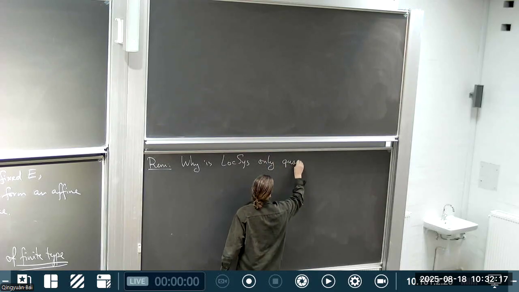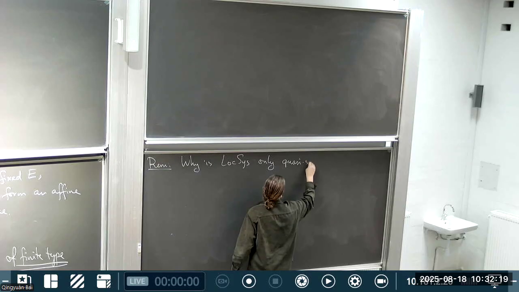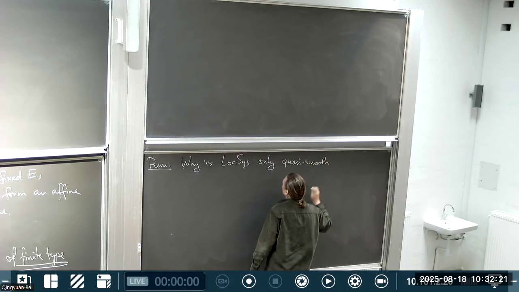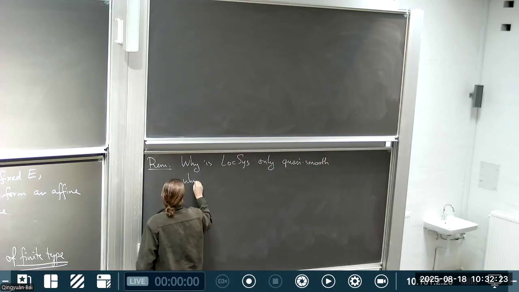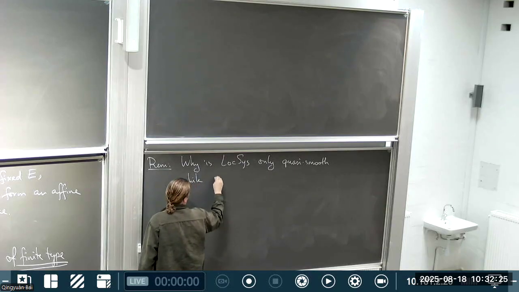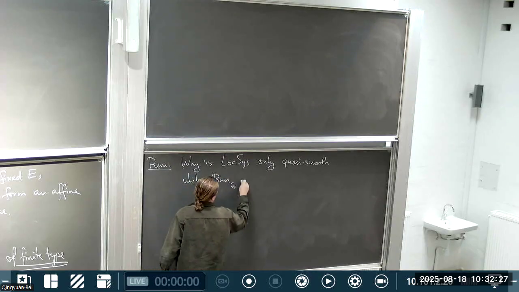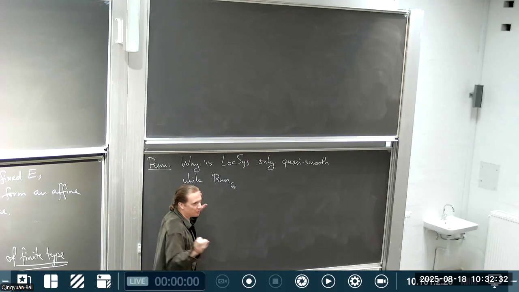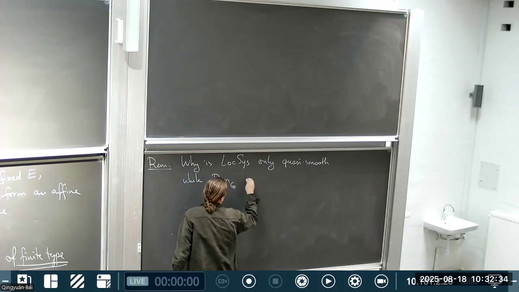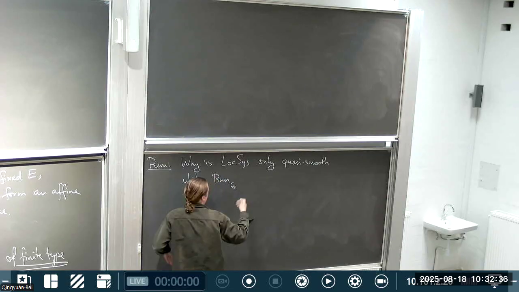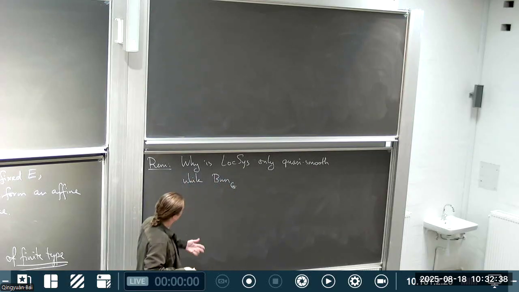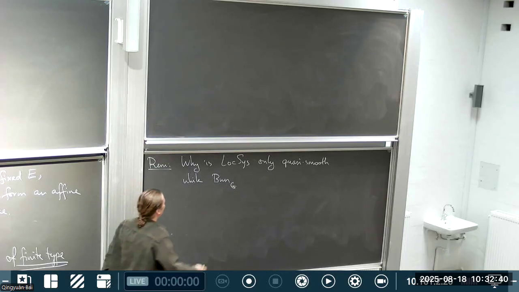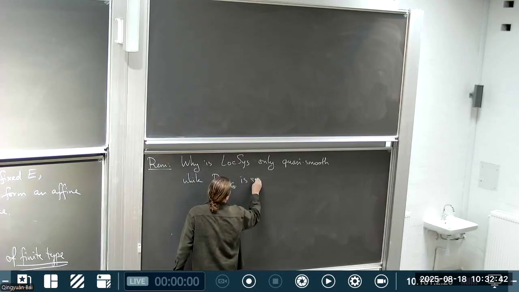Why does it fail to be smooth while Bun-G is smooth?